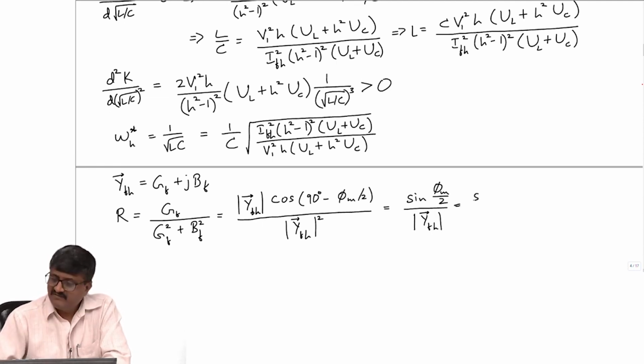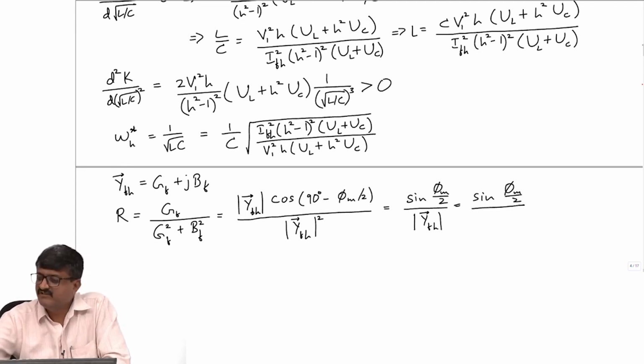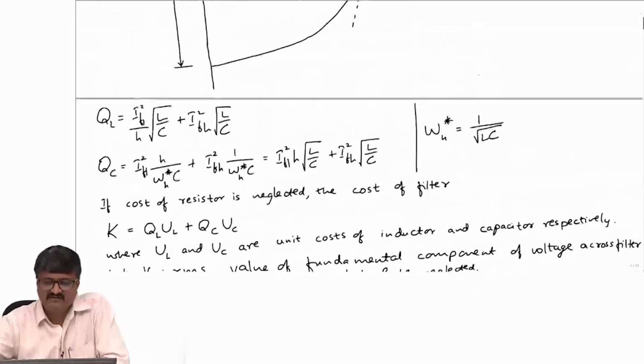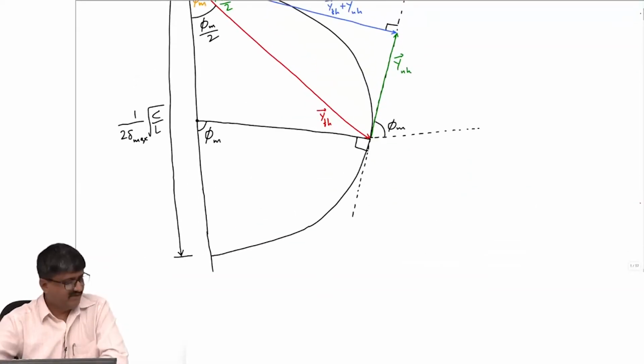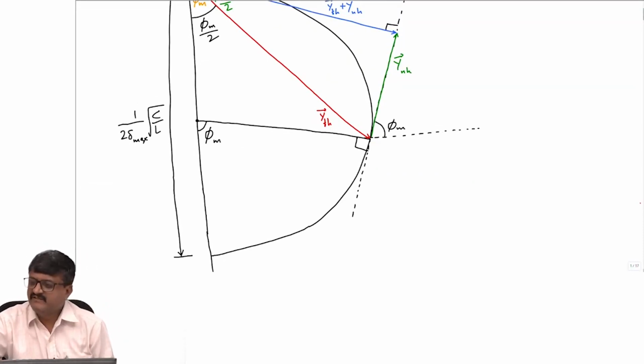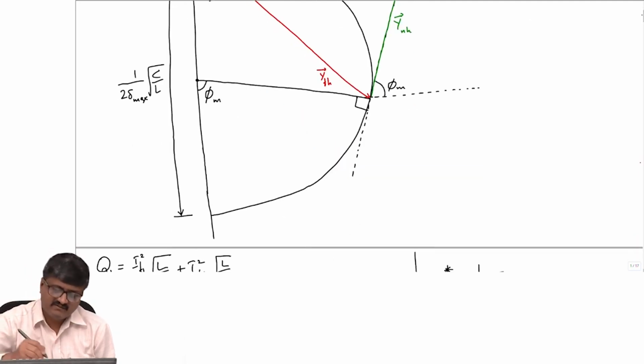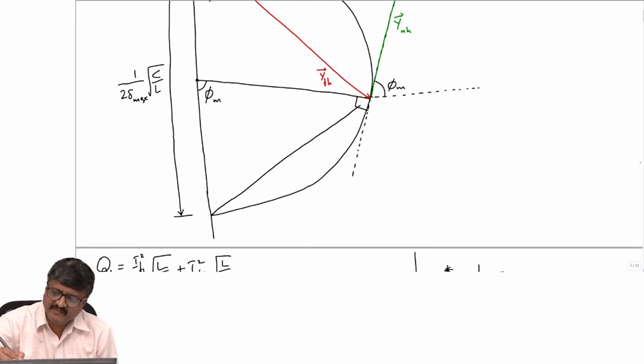So, this is sin phi m by 2 divided by, what is y of h? Yeah, again use the figure. So, if you look at this figure, okay. Let me draw one more line segment which will be easy to answer this question. I will take this line segment.